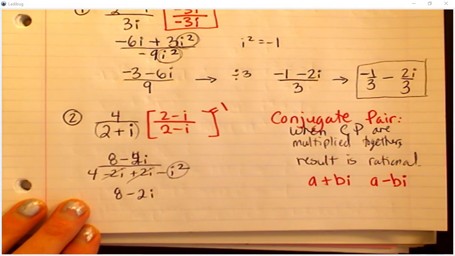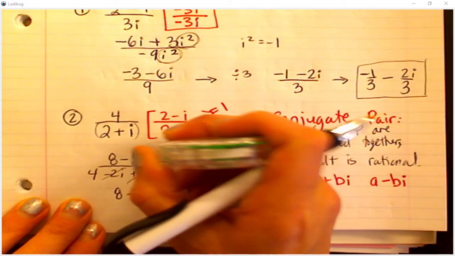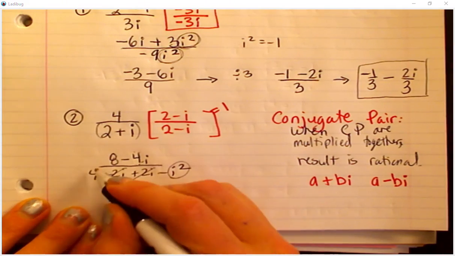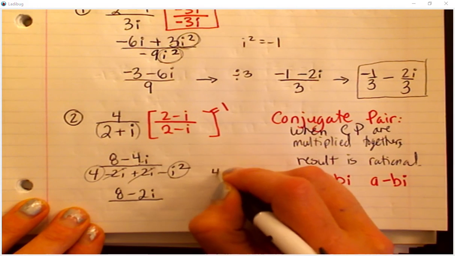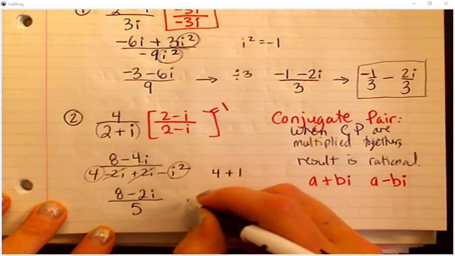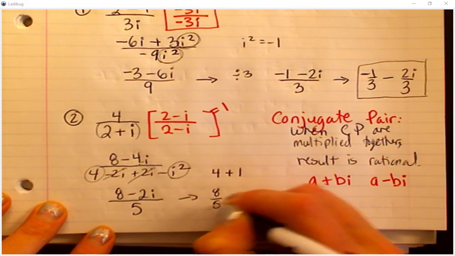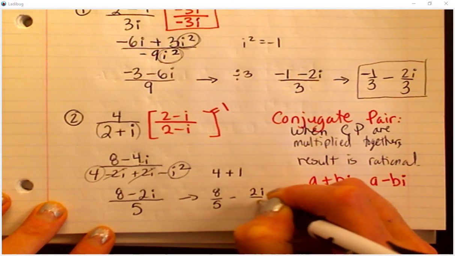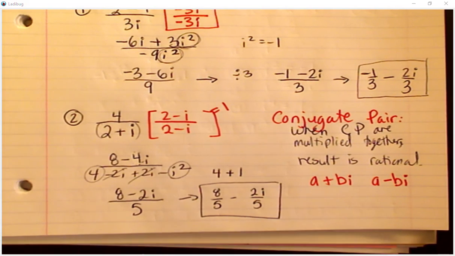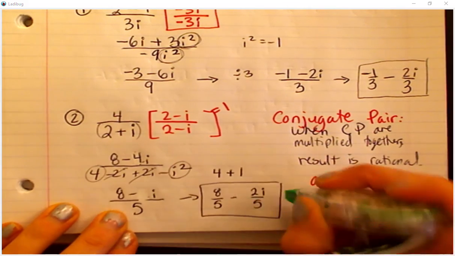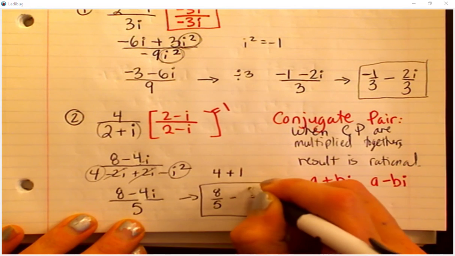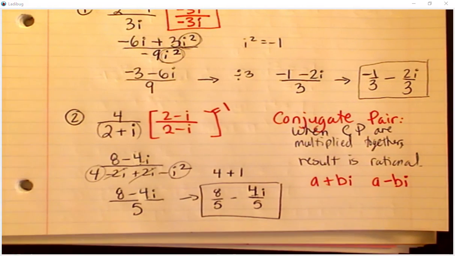Okay, so I've got 4 plus 1. 8 over 5 minus 2i over 5. There you go.